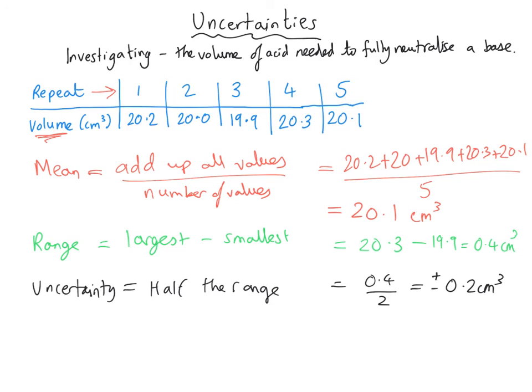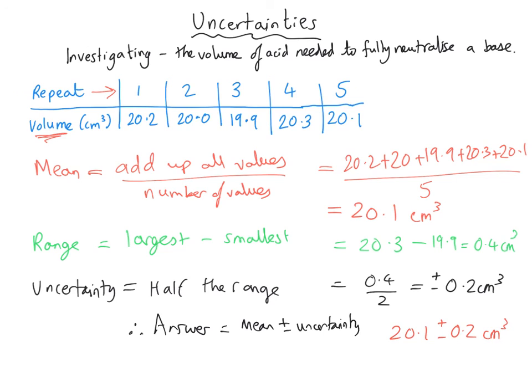And so when we quote our actual answer, our answer is the mean value plus or minus the uncertainty. And so for our situation here, our answer was 20.1, our uncertainty was 0.2, and that's in the units of cubic centimetres.